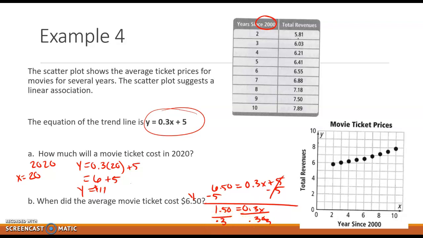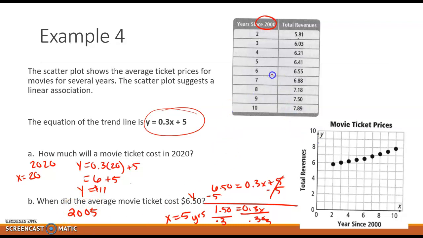And 1.5 divided by 0.3 says that x is 5. So that means years. And so when did the average movie ticket cost $6.50? According to this, it would be 2005 is when that would happen.